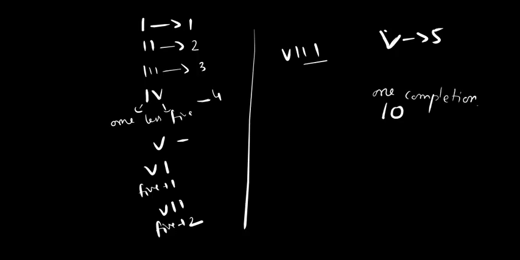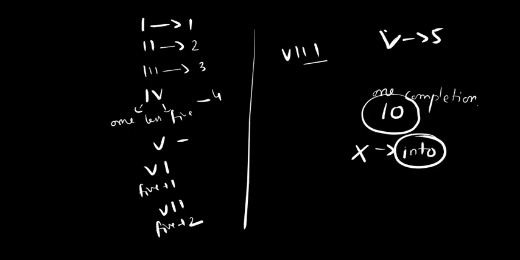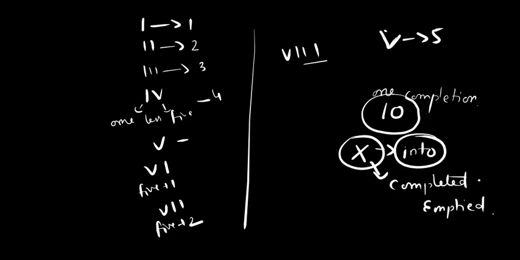In the same way Romans also did, but they didn't say one completion, they just used a symbol for completed, that is empty, X. This is a symbol that indicates completed or emptied, right? This way, they indicated 10 as X, then 9 is one less than 10. This is 9. Like this, the decimal system has arrived.